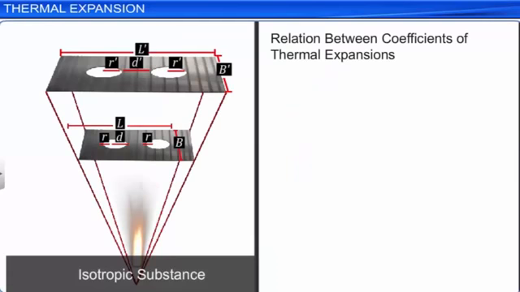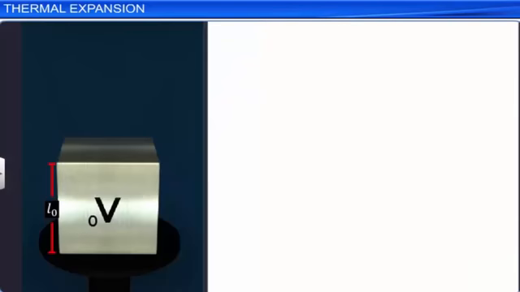For a perfect isotropic material, the coefficients of thermal expansion are related as alpha V equals 3 alpha L and alpha A equals 2 alpha L. Let's prove the identity by considering a cube of length L0.